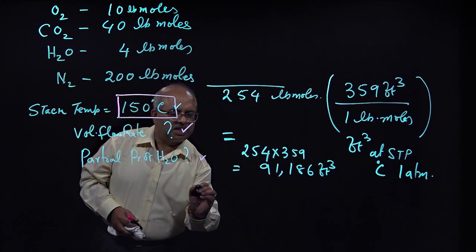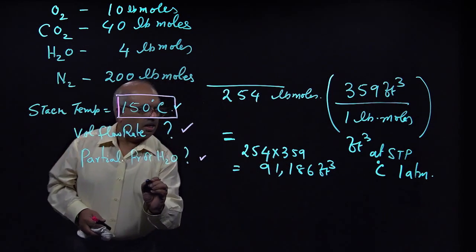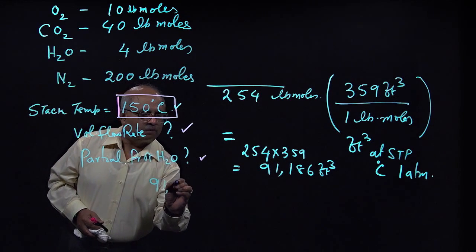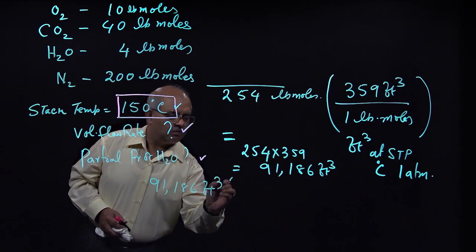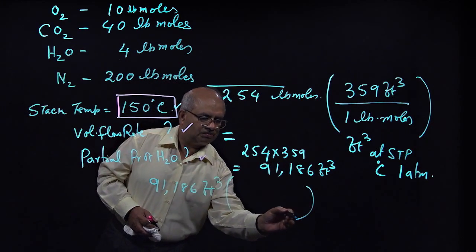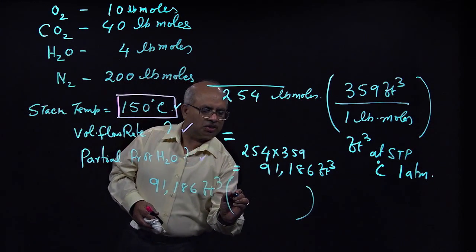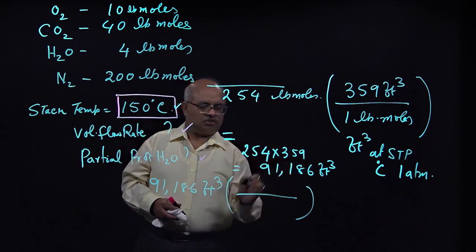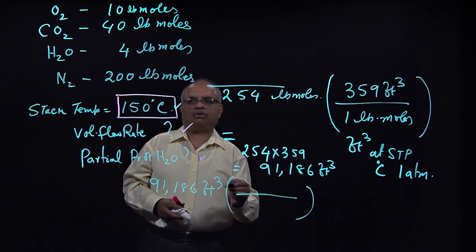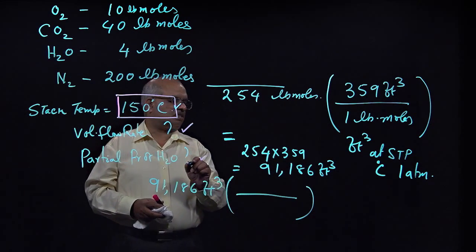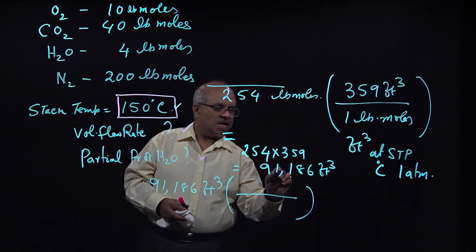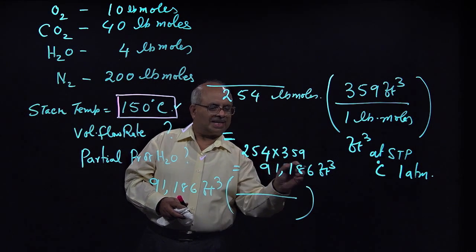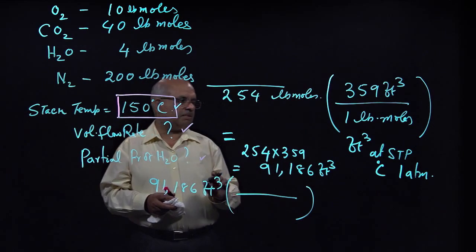So now we take this volume, 91,186 cubic feet, and we correct it for temperature. We are at 0 degrees Celsius and we are going to 150 degrees Celsius. Again, we have to convert these into Kelvin whenever we are talking about energy.